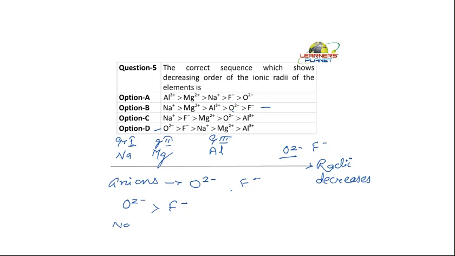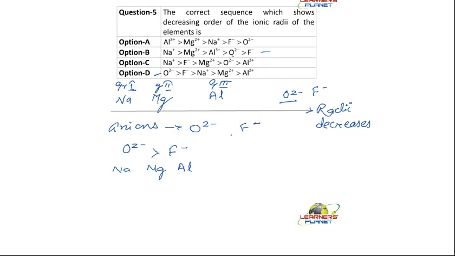Now students, the cations. The more is the positive charge, smaller is the cation. Right? So what I can say is that the magnitude of charge on the ion is inversely proportional to the size.